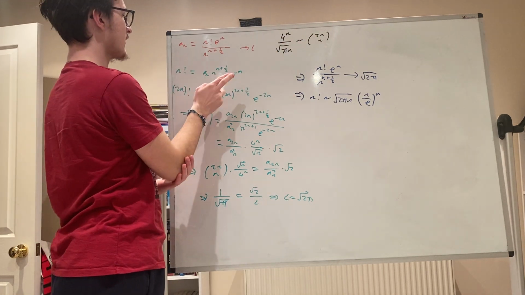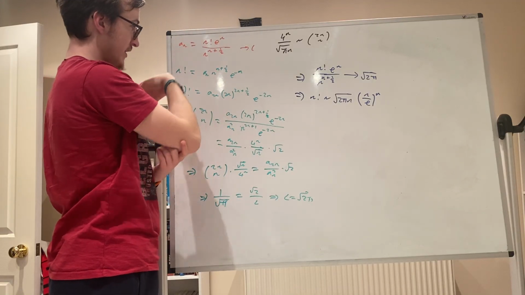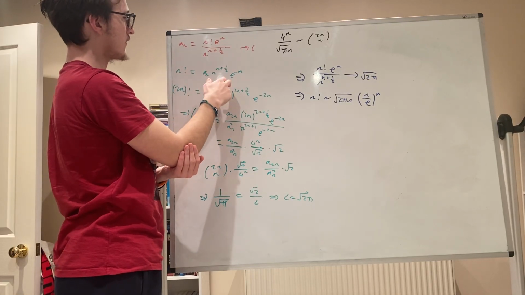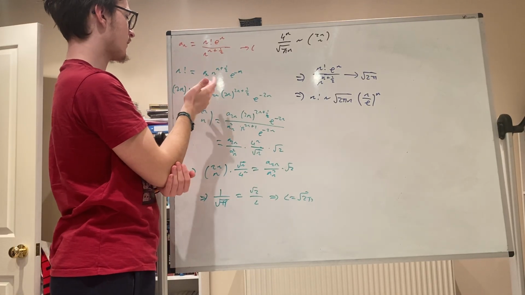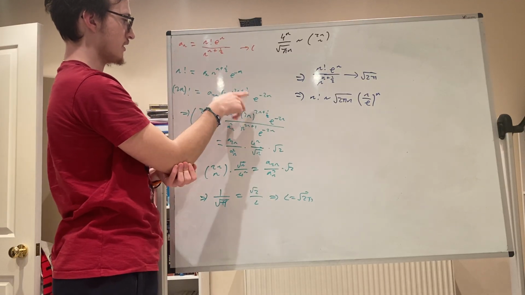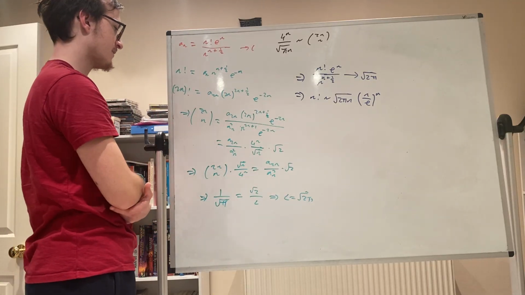So firstly, n factorial, if you just multiply and divide by the exponential, you just get that n factorial is an times n to the n plus half times e to the minus n. And 2n factorial is just a 2n times by 2n to the 2n plus a half e to the minus 2n. All right, that's fairly straightforward.